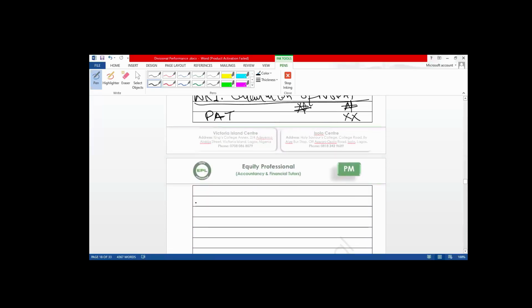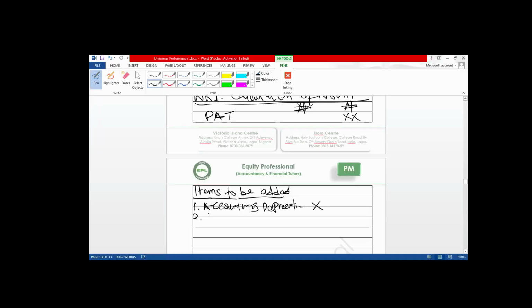Now, items to be added. One, accounting depreciation charge.